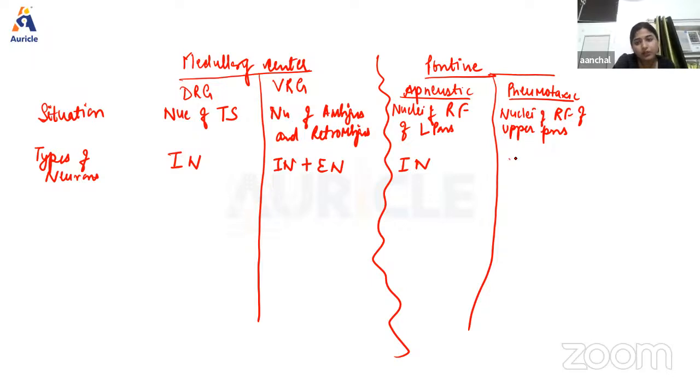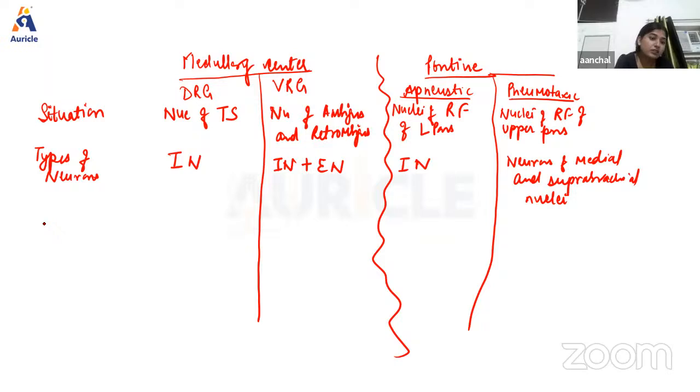And which type of neurons are present in the pneumotaxic center? Here neurons of the medial and parabrachial nuclei. Now, what is the function of the center?